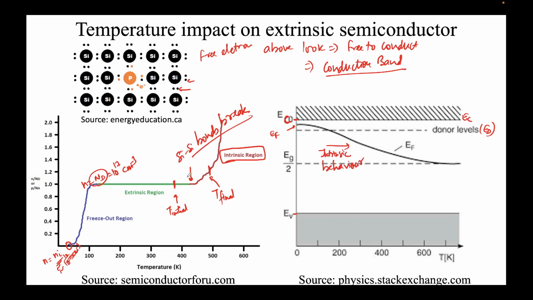Due to the increase in temperature, more and more silicon bonds will break, and phosphorus or any other dopant will stop playing any significant role. The only thing that will play a role is the silicon bond energy, which is due to the intrinsic nature of silicon. Hence, the lattice more and more will behave like an intrinsic semiconductor, and this Fermi level, as a function of temperature, will start moving towards the center of the energy band gap, right?